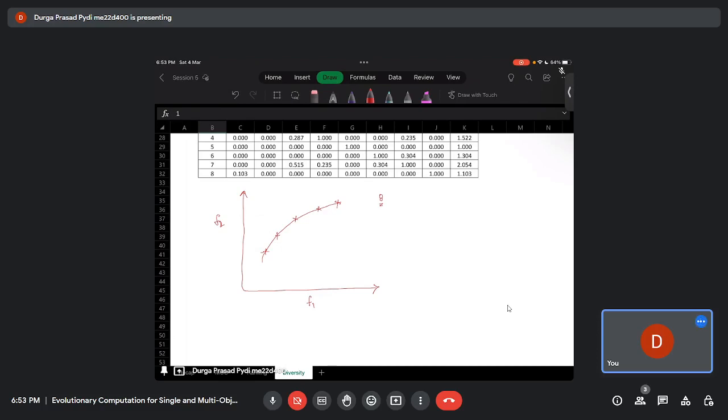Out of them, they should be sufficiently far apart, so I'm saying a factor of 1.2. When I'm having 8 solutions, if all these 8 solutions are at least 1.2 distance apart, the distance between the minimum and maximum will be sufficient to cover the Pareto front. That's what I'm assuming, which will change from problem to problem. Okay.